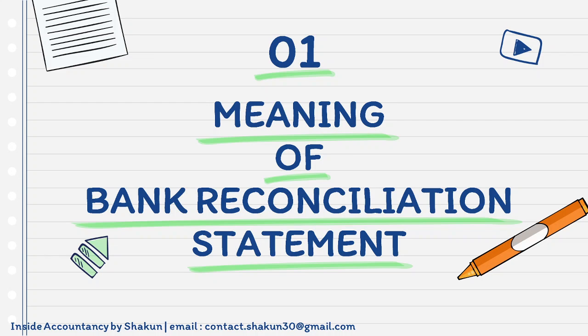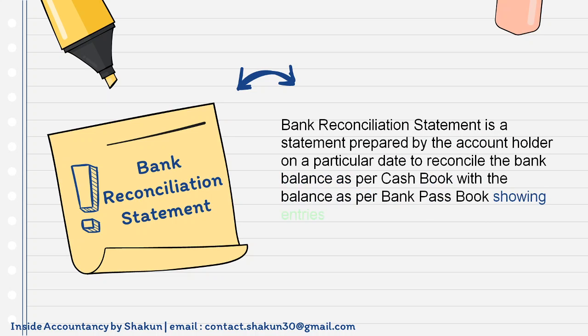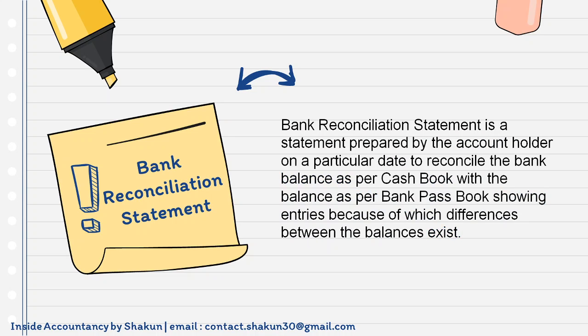So moving on. Let's first have a brush up about the meaning of bank reconciliation statement. As we have already discussed in the previous videos, it means a statement which is prepared in order to reconcile the balances in the cash book as well as in the passbook, because there are some entries which may be recorded in the cash book but not in the passbook, and some entries may be recorded in the passbook by the bankers but not in the cash book.